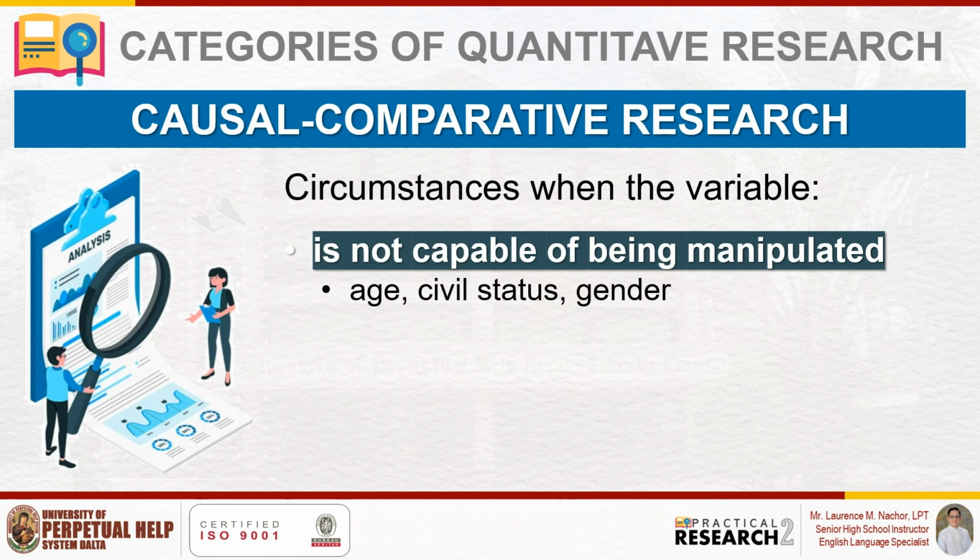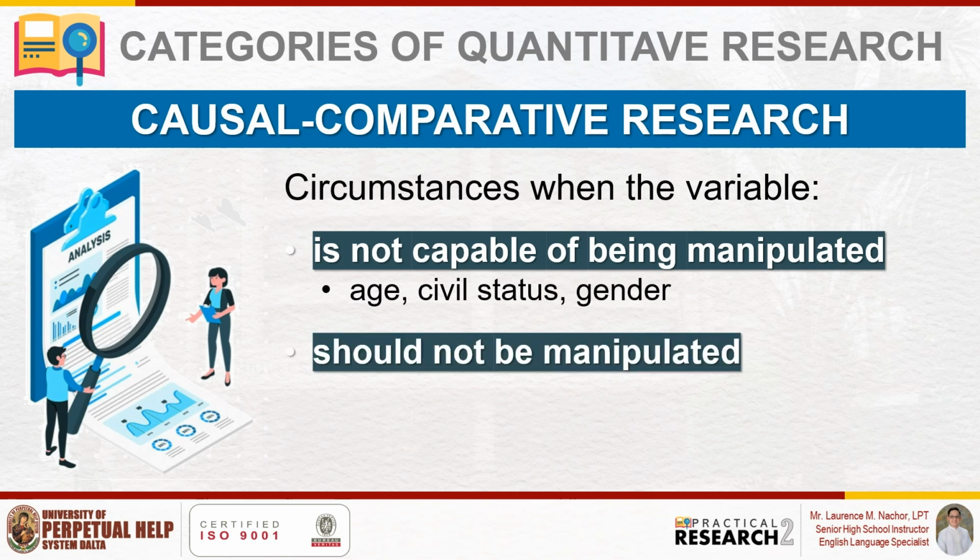A person's age is fixed and naturally occurring. Civil status, such as being single, married, or divorced, cannot be ethically or practically assigned for research purposes. Like gender, a personal and biological characteristic that is not subject to manipulation by the researcher.